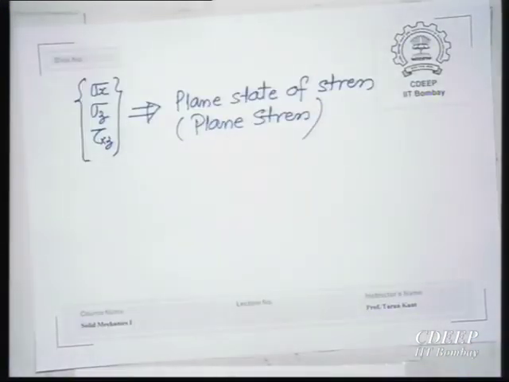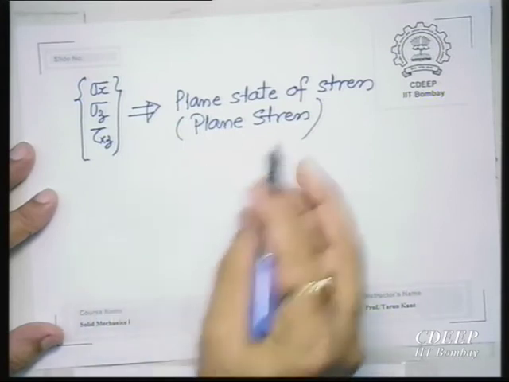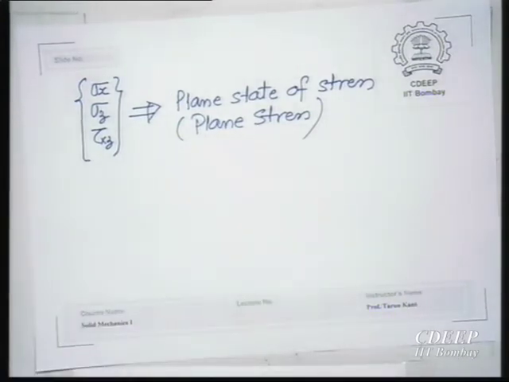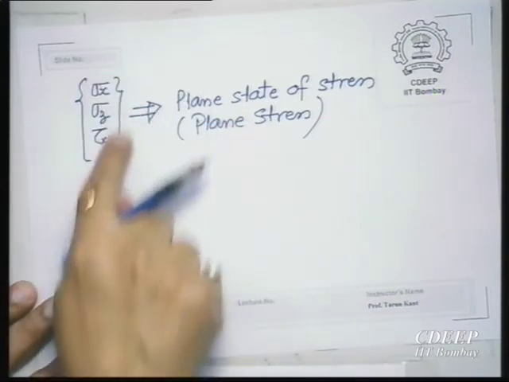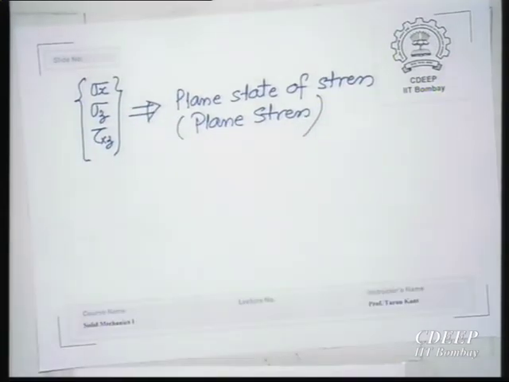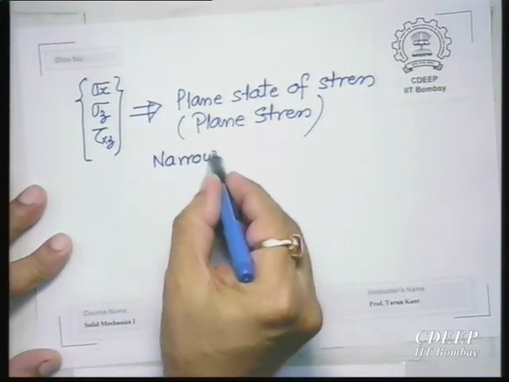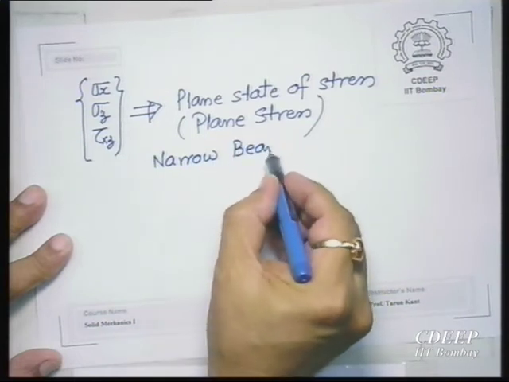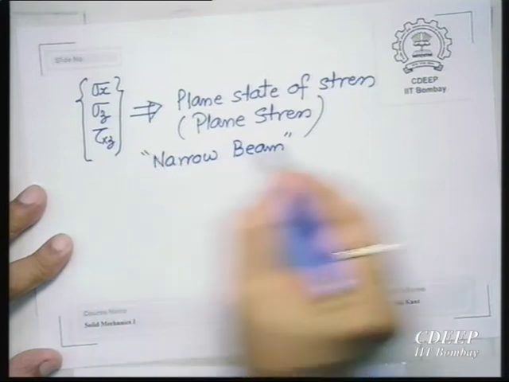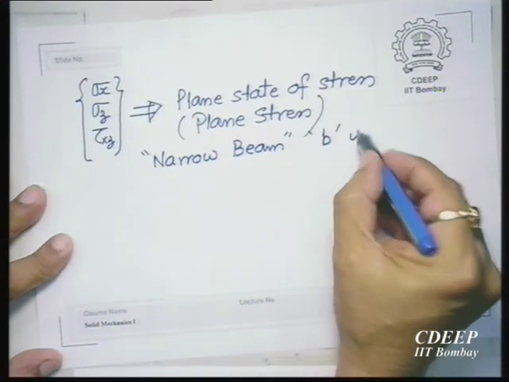In a beam, the state of stress is plane stress, due to loads which are in the plane of symmetry. So, please understand, this will be a narrow beam, that is B is small.